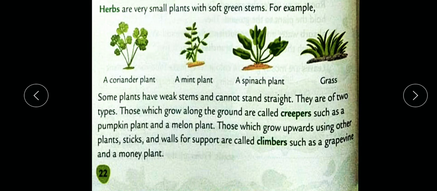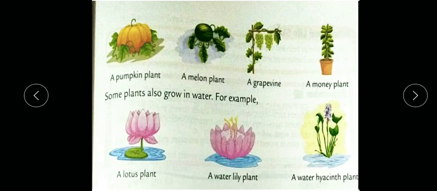They take support from other plants, stakes or walls, and then they grow upwards. Okay, example, a grapevine, a money plant.